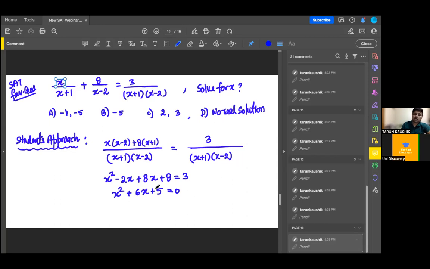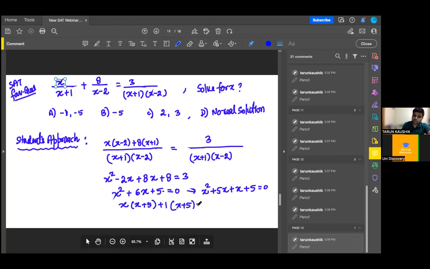So now I know that I need to factorize 5 such that the sum of those factors becomes 6. If I break it down into 1 and 5, x squared plus 5x plus x plus 5 equals 0. I can take x common, and 1 common, x plus 5 equals 0, which means x plus 1 times x plus 5 equals 0.